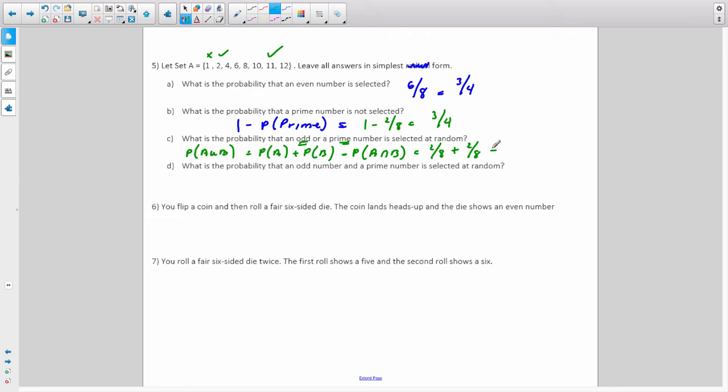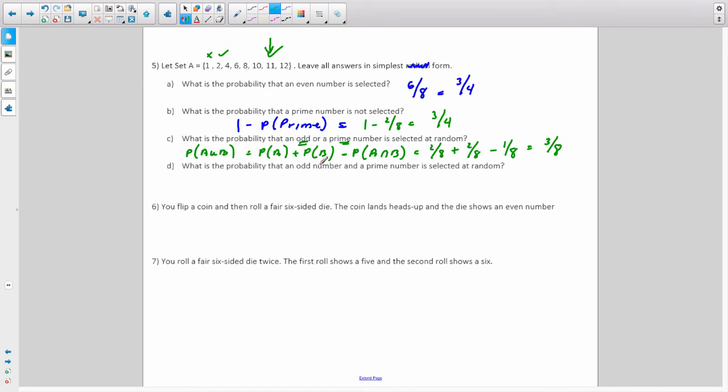But let's subtract any duplication. So is there such a thing as an odd prime number that we've already counted in our list? 1 is odd, but not prime, so we didn't double count that guy. 11, however, has been double counted because it is odd and prime at the same time. So let's get rid of that guy. That's 1 over 8. So the probability, therefore, is 3 out of 8.